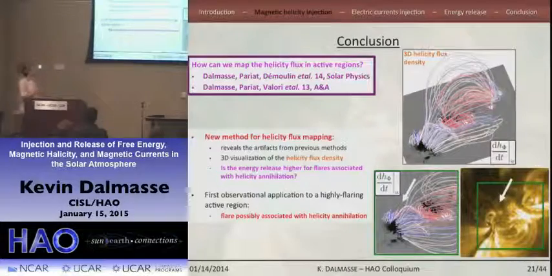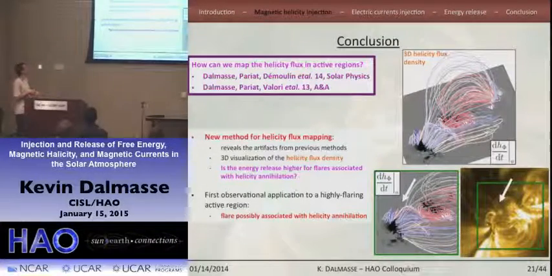So in conclusion, I developed a new method to study the helicity flux in active regions. This method allows to reveal the artifact that comes from a previous method that does not consider the notion of magnetic field lines.